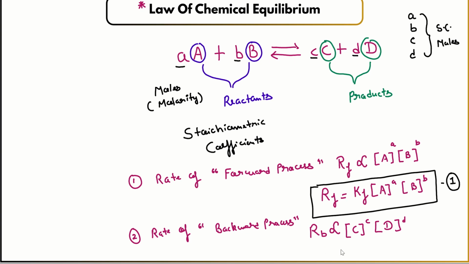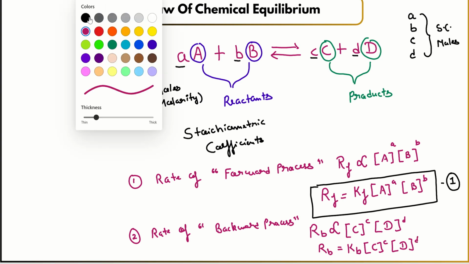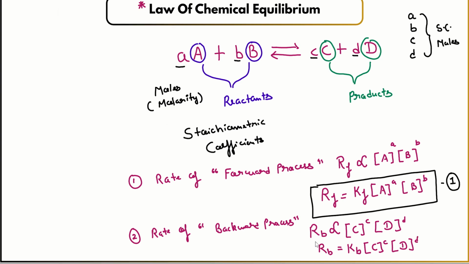Okay. And now if I want to find out the backward rate, I will use rate of backward process equal to Kb, because this time it is the backward process. So it will be Kb [C] raised to the power c and [D] raised to the power d. So I will consider this as my equation 2.